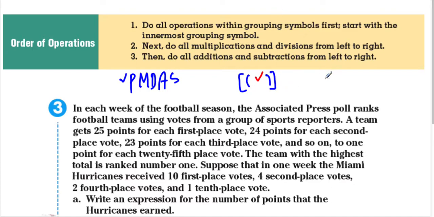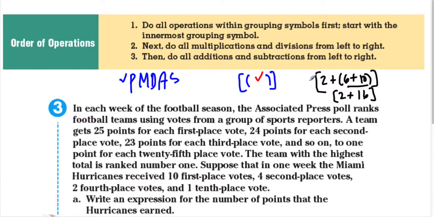Let me give you a more concrete example. If I have 2 plus the quantity 6 plus 10 in brackets, that means I need to simplify the inner grouping symbol first, which is 16, and then add 2. Let's make this better.